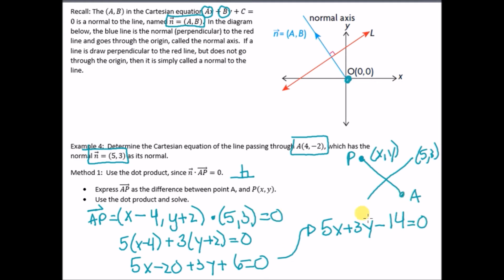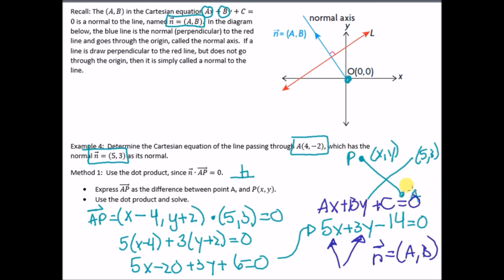And that should be the Cartesian equation of a line that passes through (4, -2) and has a normal (5, 3). Also, I'm going to point out that these two numbers will always be the normal. The normal is going to be (A, B), and that's what they are actually talking about, because we know that this is in the form Ax plus By plus C equals 0.